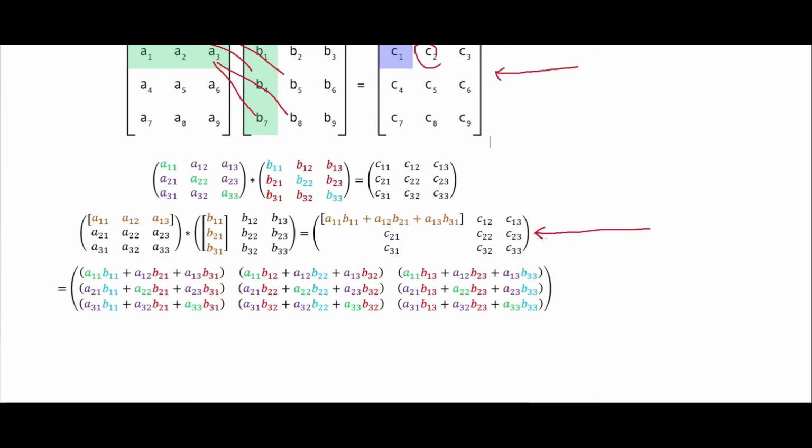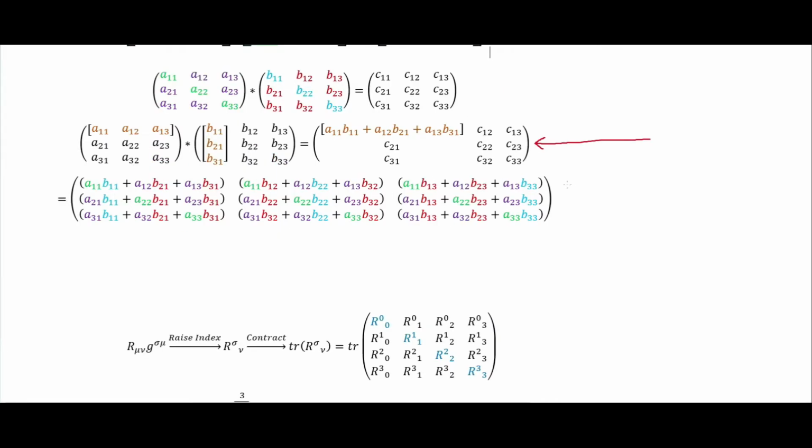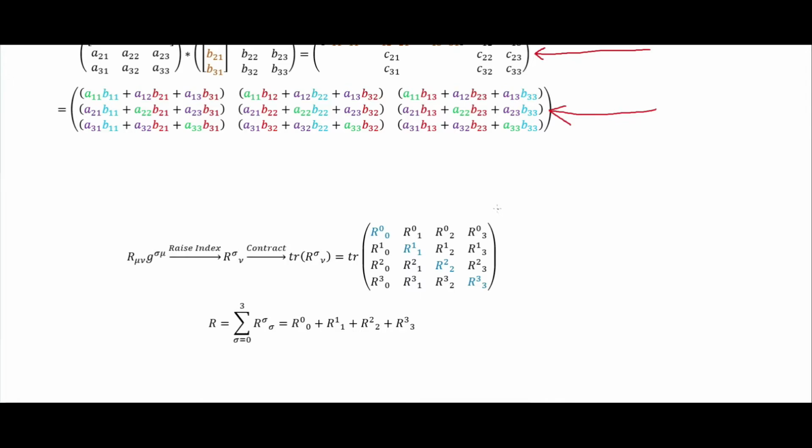So this is just looking at how we get this first element. And then if we go through and do all the elements, we end up with something that looks like this. But I went through that in more detail in an earlier video on how to raise and lower indices, so I'm not going to go through that too much here.